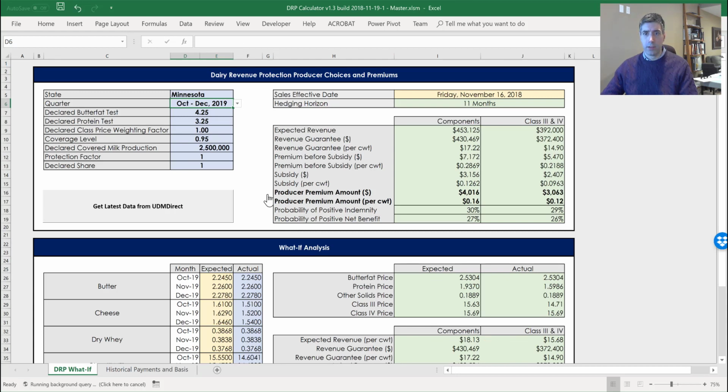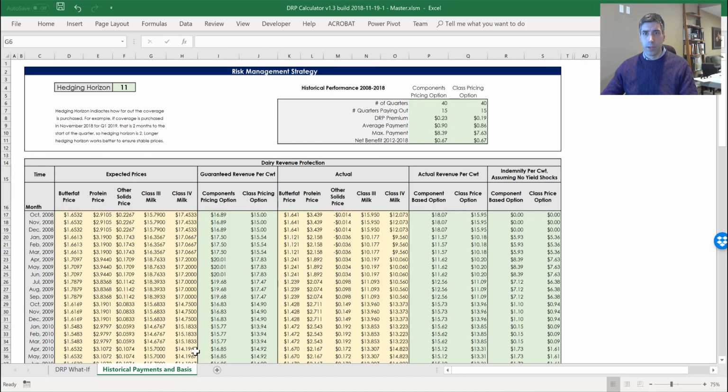Get latest data. The premium's a little bit higher. But let's go back. Now instead of 69 and 64 cents, we are at 90 and 86 cents. So the average payment actually went up by 30 cents.